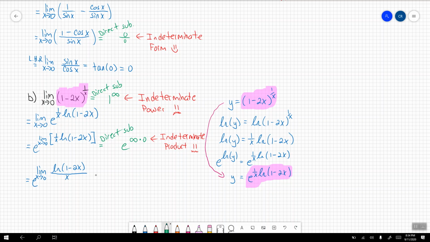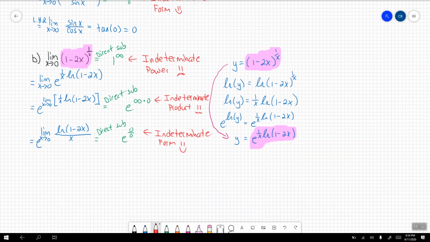So as I take the limit in this direct substitution, I now get e to the power of, numerator natural log of 1, that's 0, divided by x approaching 0. Bam, we're there. We get an indeterminate form. Nice, now we're ecstatic. We went from an indeterminate power to an indeterminate product to now an indeterminate form.